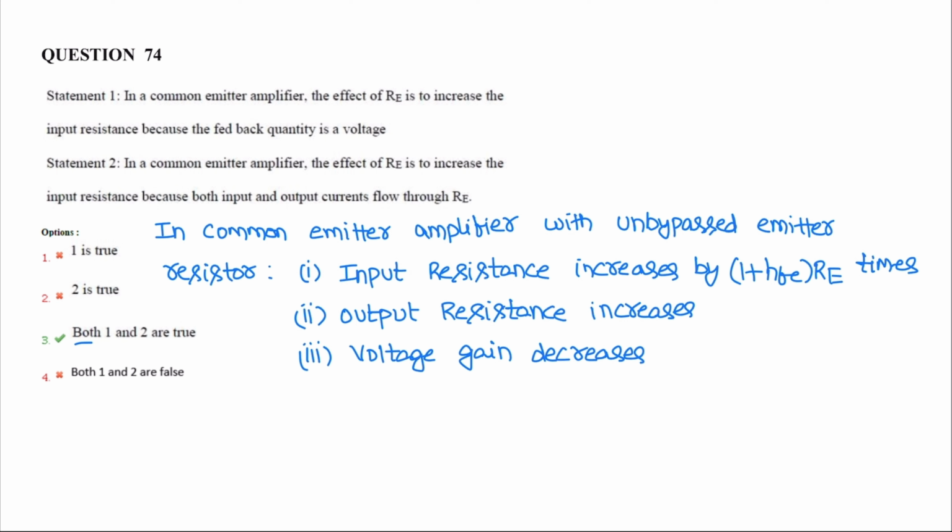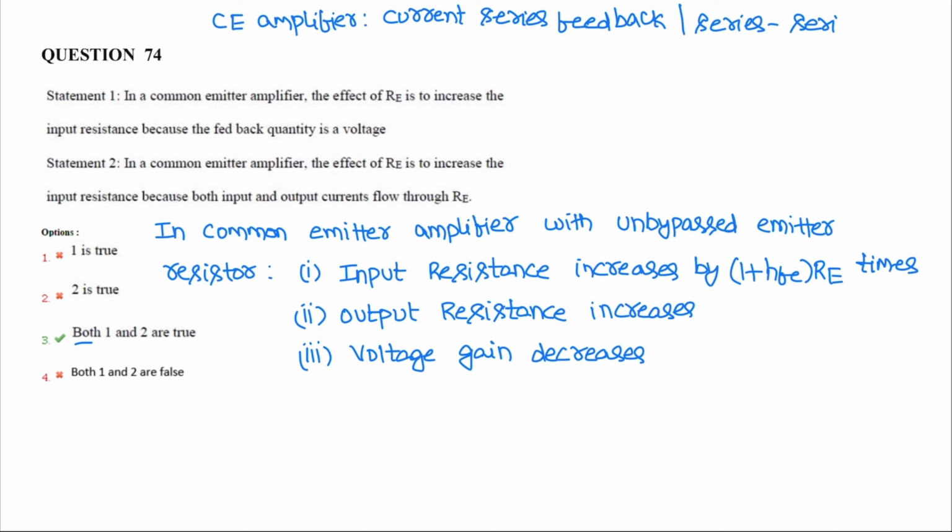Since it is a current series feedback amplifier, this CE amplifier is an example for current series feedback amplifier or series feedback topology, or transconductance amplifier, or current sampling voltage mixing topology.